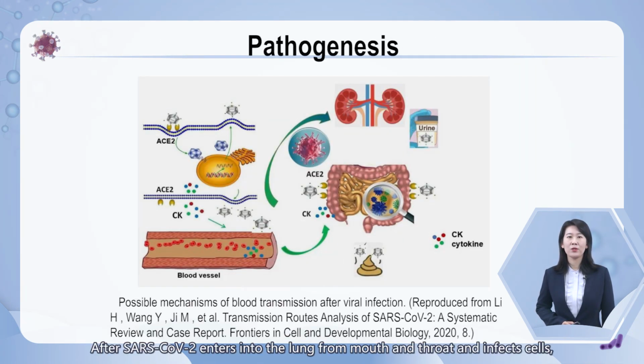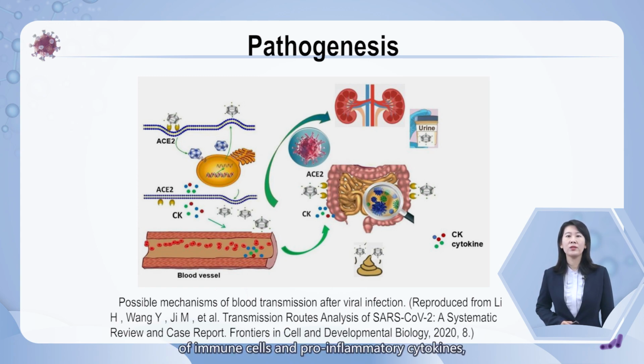After SARS coronavirus 2 enters the lung from the mouth and throat and infects the cells, the virus replicates in the cell and releases more new viruses. Massive accumulation of SARS coronavirus 2 leads to a surge of immune cells and pro-inflammatory cytokines, resulting in a rapid increase in cytokine levels in the blood, or releasing more virus particles into the blood circulation.